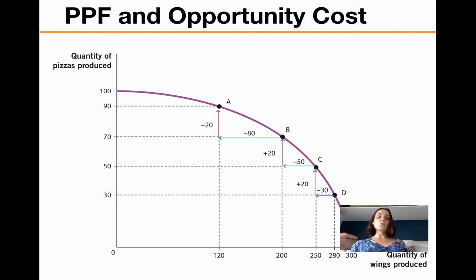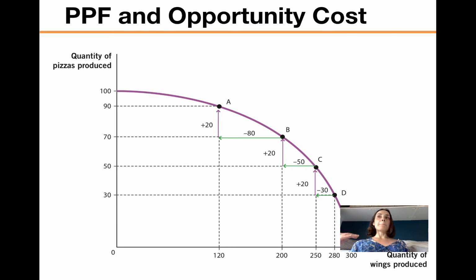Okay, so as we specialize more in one specific good, the cost, what we have to give up, will be gradually increasing. Okay? And I mentioned to you guys that the reason behind the increasing opportunity cost is a principle called the law of diminishing marginal product.